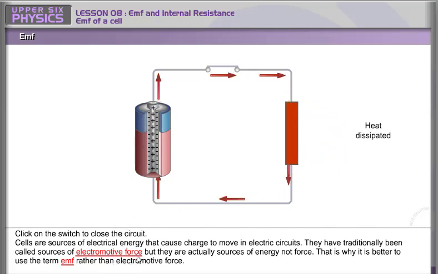Although there is the word force here, they are not actually a force, but a source of energy. So don't say this is a force. It is known as electromotive force because it causes the charge to move.